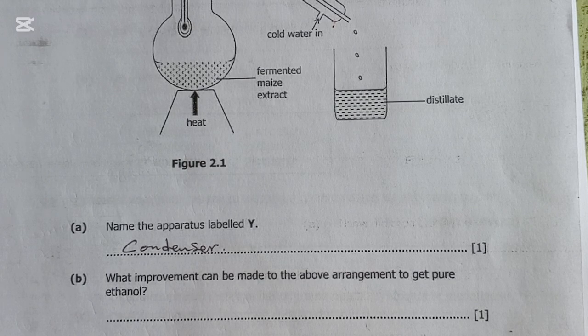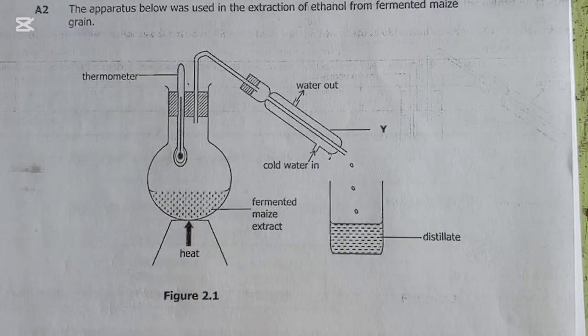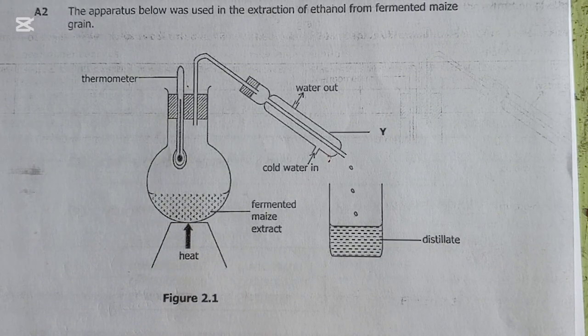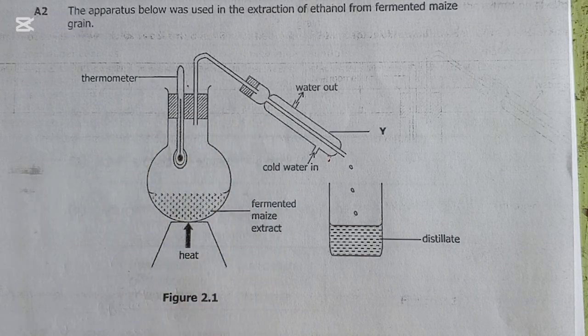What improvement can be made to the above arrangement to get pure ethanol? So we can obtain pure ethanol by using fractional distillation. So fractional distillation, it has what we call a fractionating column. So we need to put a fractionating column between this flask and the condenser.